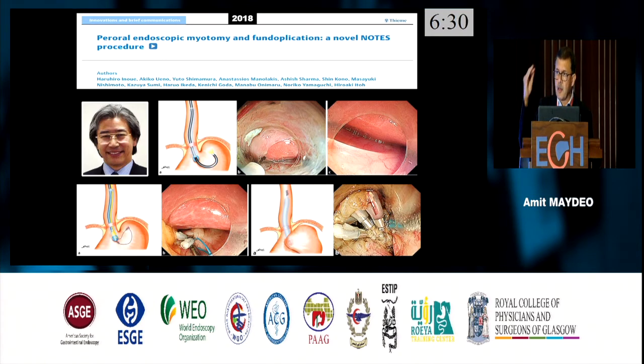They do an anterior myotomy, push the scope beyond the lower esophageal sphincter, then go into the peritoneum with the scope, see the fundus, pull the fundus inside the tunnel and attach the fundus inside the tunnel by loops and clips. Now this is called POEM-F, POEM with fundoplication. The only problem is that in all patients for this procedure, we have to do an anterior tunneling. If you do posterior tunneling, you cannot enter the peritoneum.